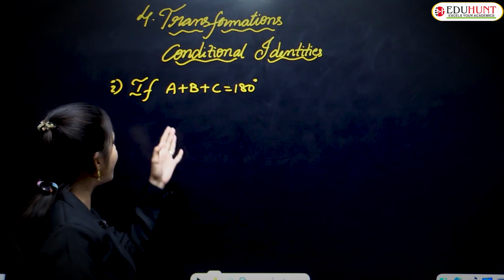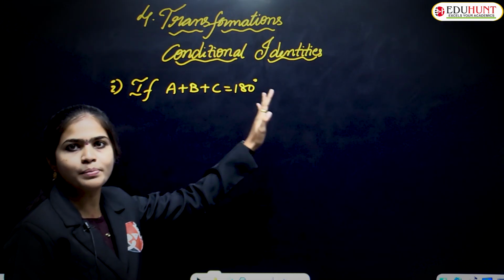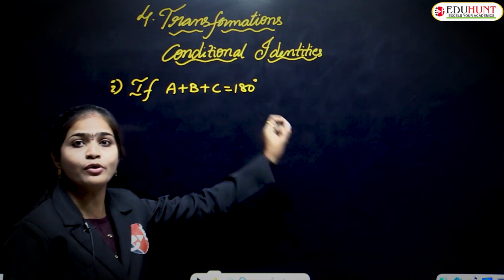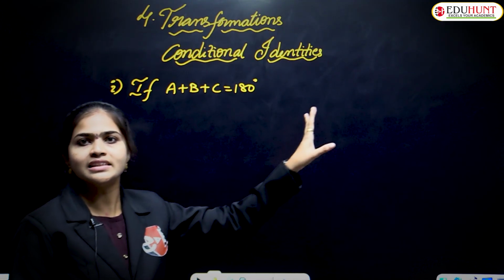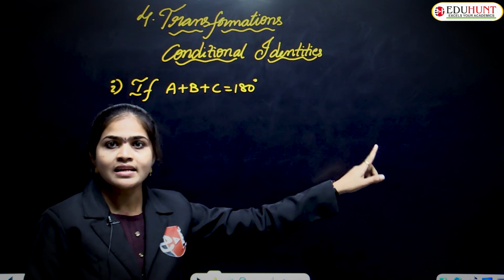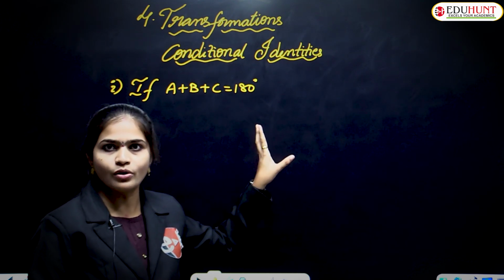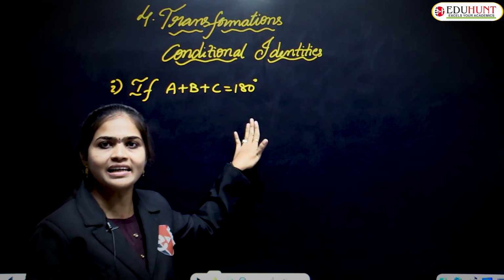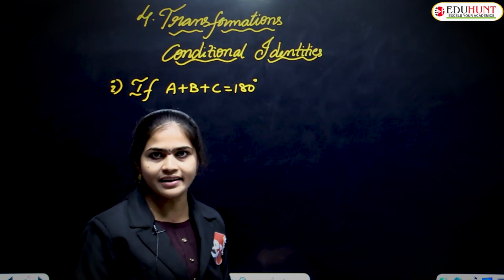The condition given here is A plus B plus C equal to 180 degrees. Only then will the formula be applicable, and only then will the identity be proved. Since the formula depends on that condition, we call these conditional identities.